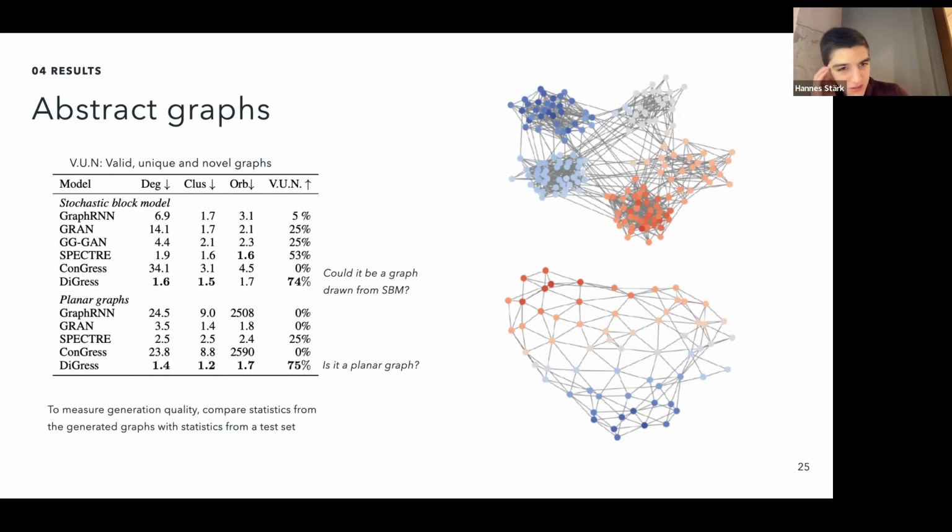To clarify, with unique, we look at whether you just always generate the same thing. With novel, we look at whether it's already in the training data. And with valid, we check if it is planar or from the stochastic block model, so it's 2 different datasets that we test on.